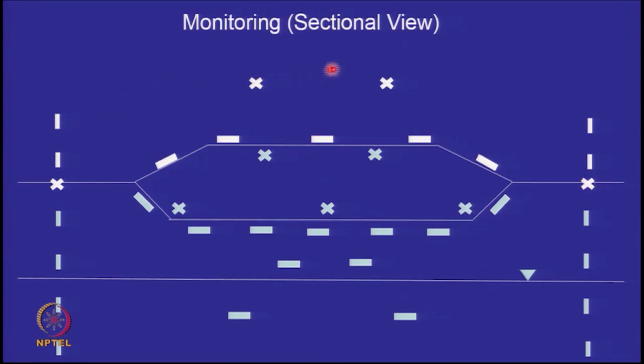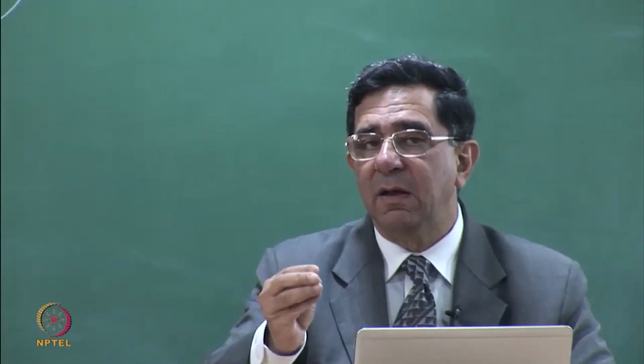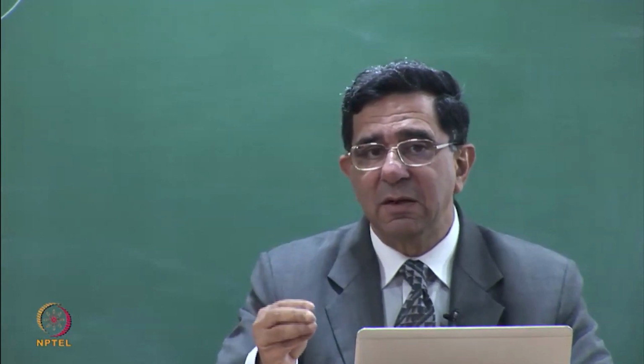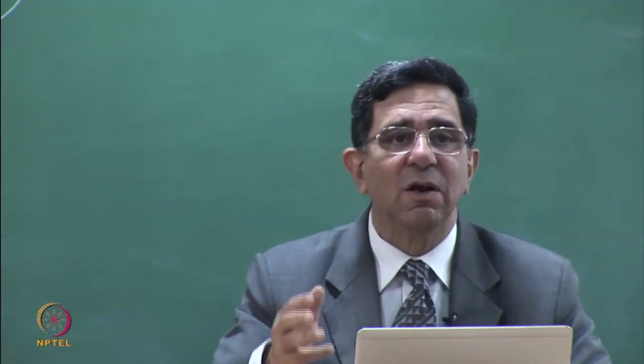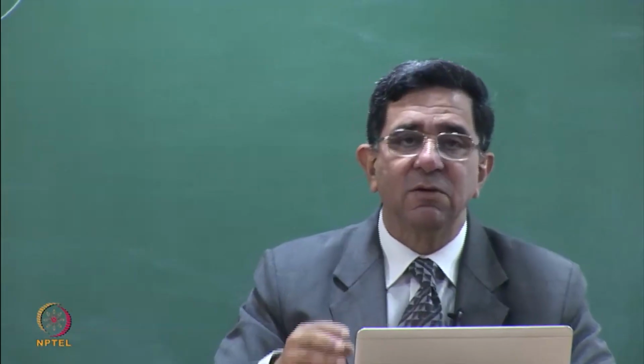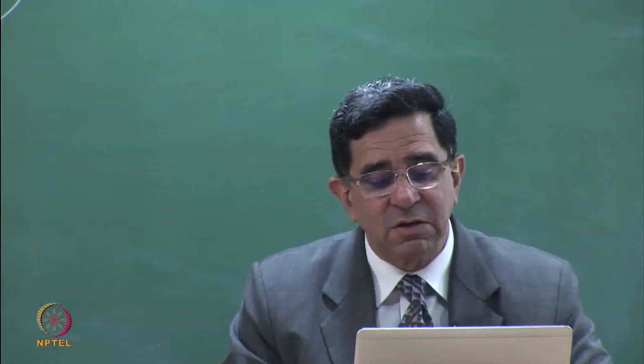I would also like to monitor here above. I may miss it. Something may go like this. So luckily for us, in gases and in liquids, mixing takes place as you go a little further. So you will hopefully be able to detect something at some location.